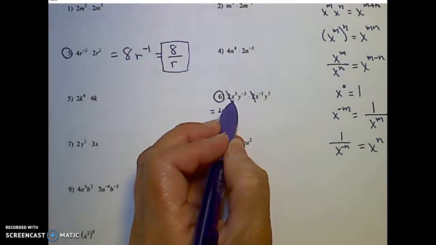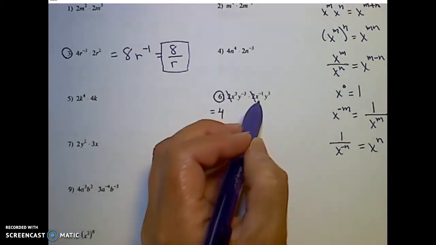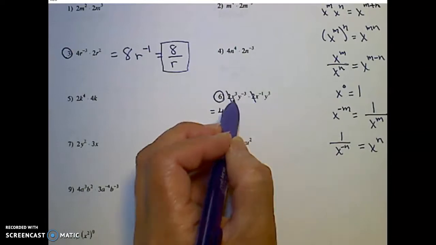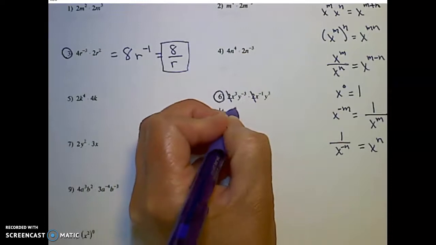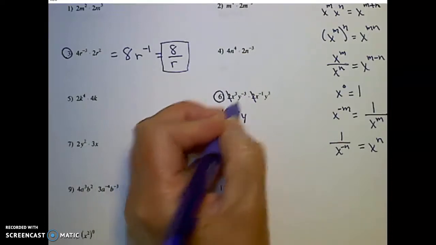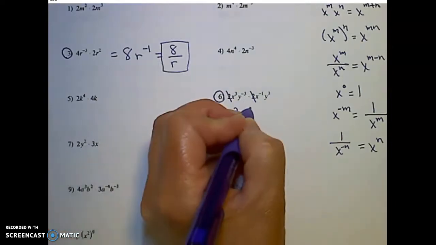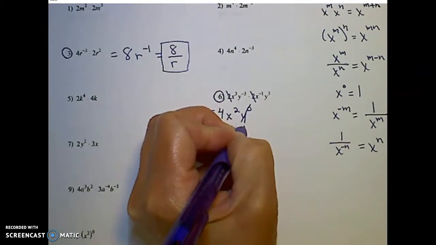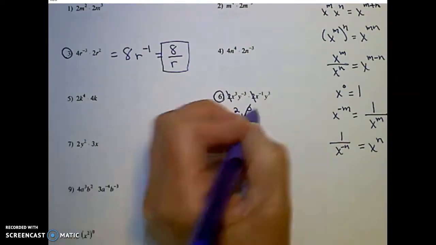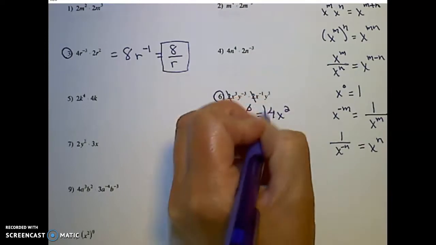When I multiply x to the third times x to the negative 1, I could move that down, but since the bases are the same, I'm just going to add those exponents. It becomes x to the second. Bases are the same for the y's, so I'm going to add those exponents, negative 3 plus 3, which is 0. And then I recognize this, which is just 1, anything to the 0 power. So really that just comes out to be 4x squared.